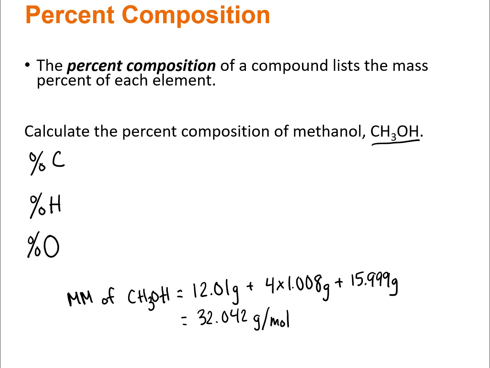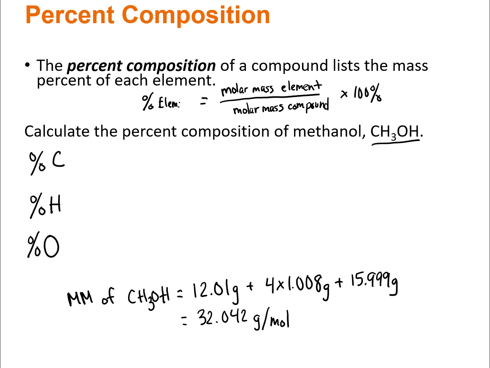The percent composition takes the number of grams in 1 mole of each element over the molar mass of the compound and multiplies by 100%. And that gives you the percentage for each element.